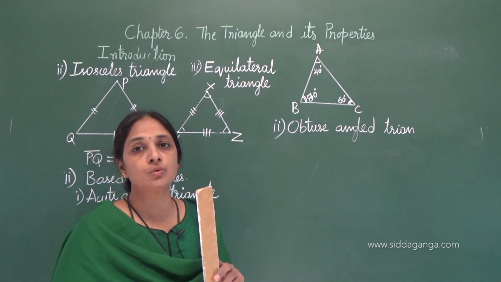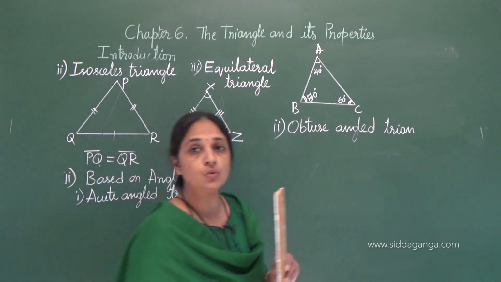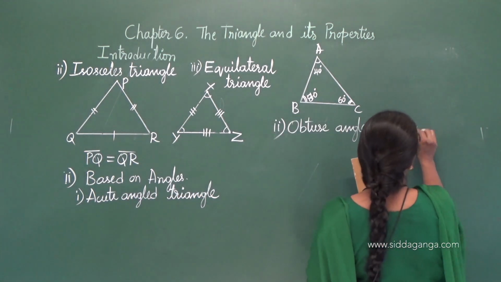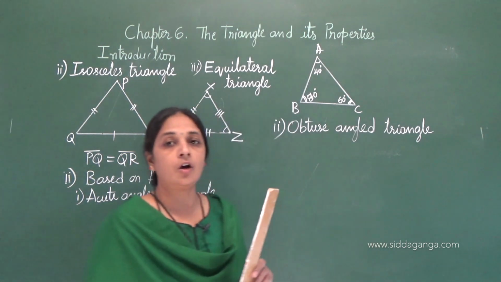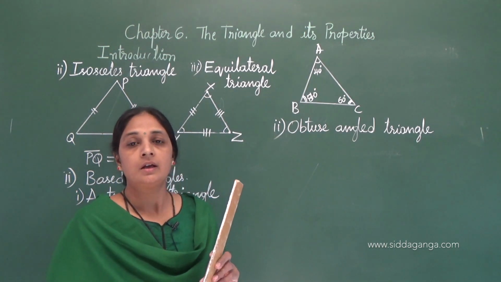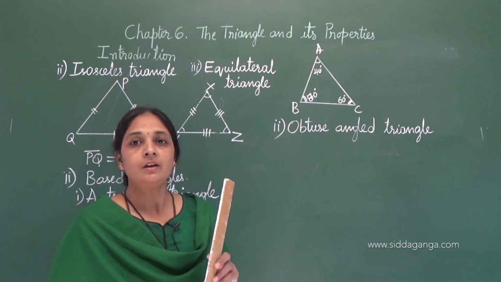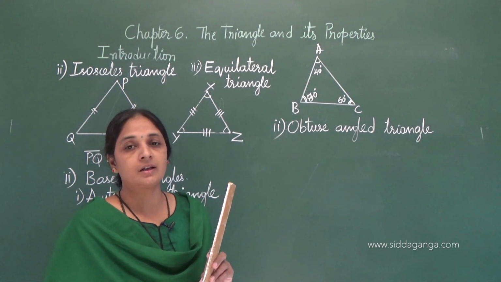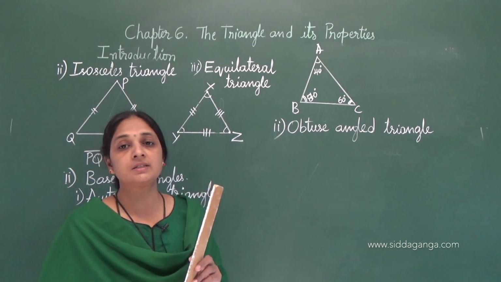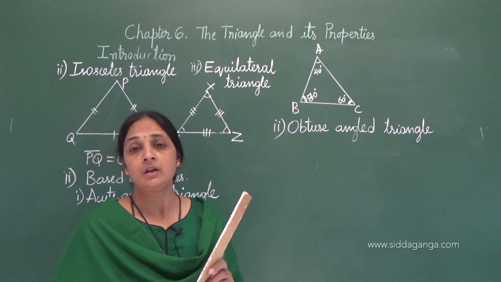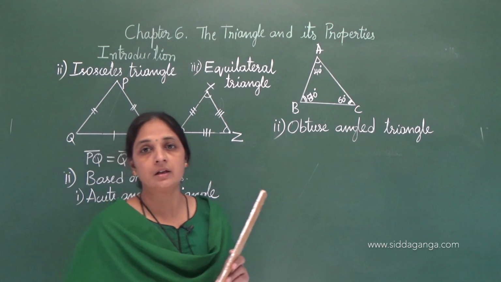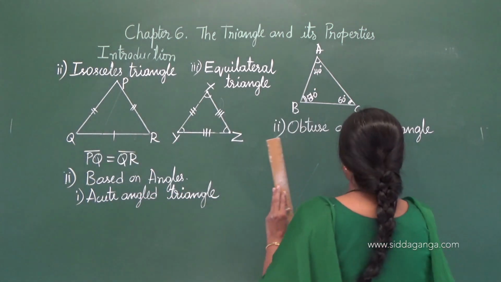Is it 2, more than 2, or less than 2? Guessed? Okay, how many will be there? It's only one obtuse angle. If we consider more than one obtuse angle, then it will not be a triangle.